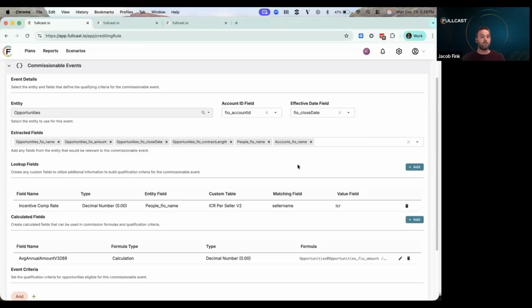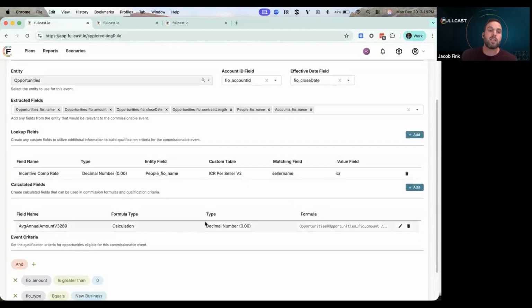In addition to capturing that data, you then have the opportunity to include a lookup field. What that means is you'll be able to reference additional tables. In this example here, I'm calling on a separate independent table that's already been mapped out with our incentive compensation rates that are unique per seller, and I'm pulling that into the mix as well. So we're looking up the sellers associated with these transactions and calling in their personalized ICRs.